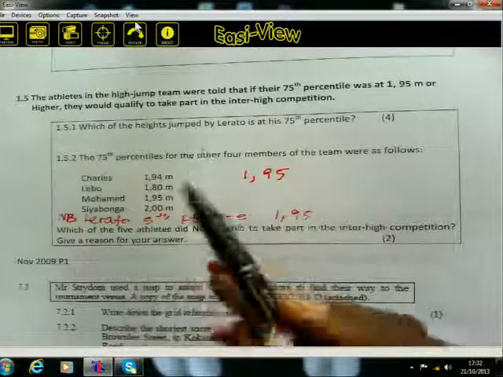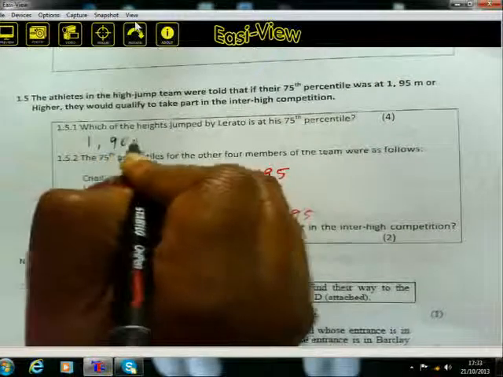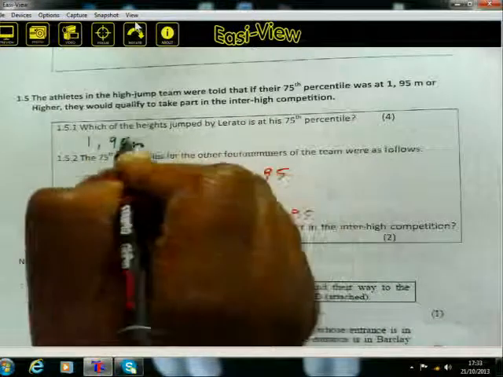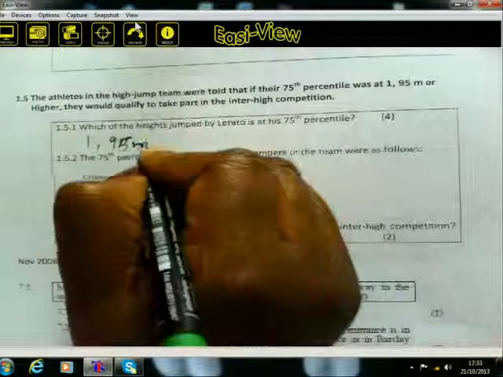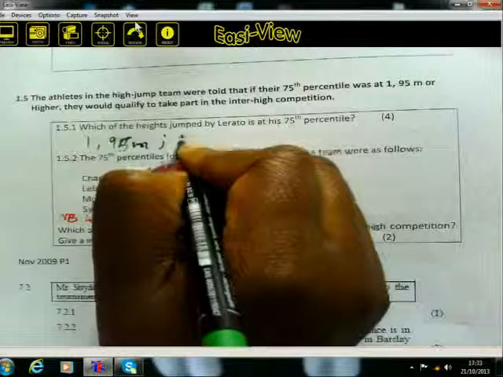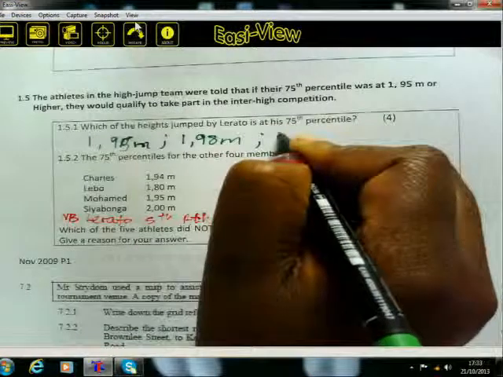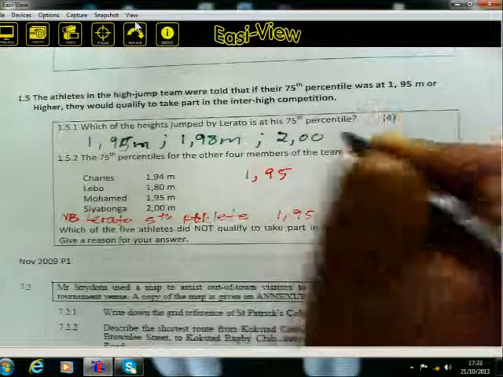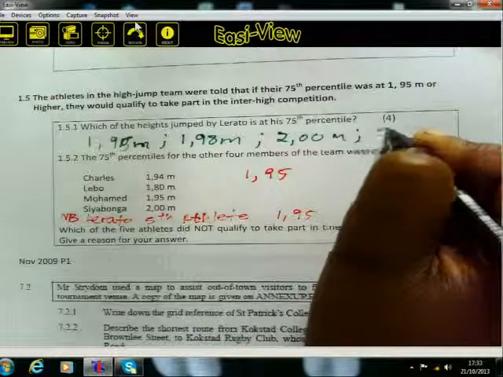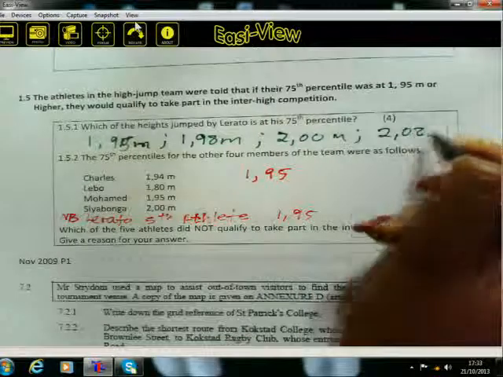Don't forget those units. Remember, you had what? You had 1.90. No, it was 1.95 meters; 1.98 meters; 2.00 meters; 2.02 meters.